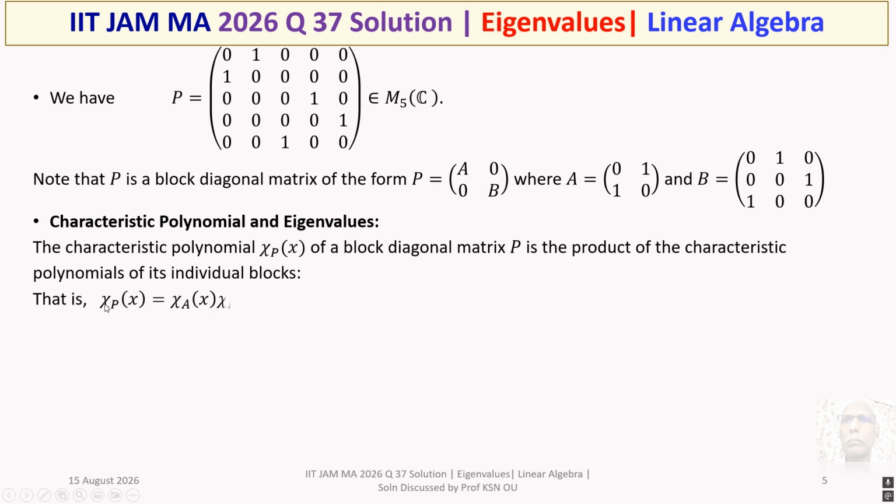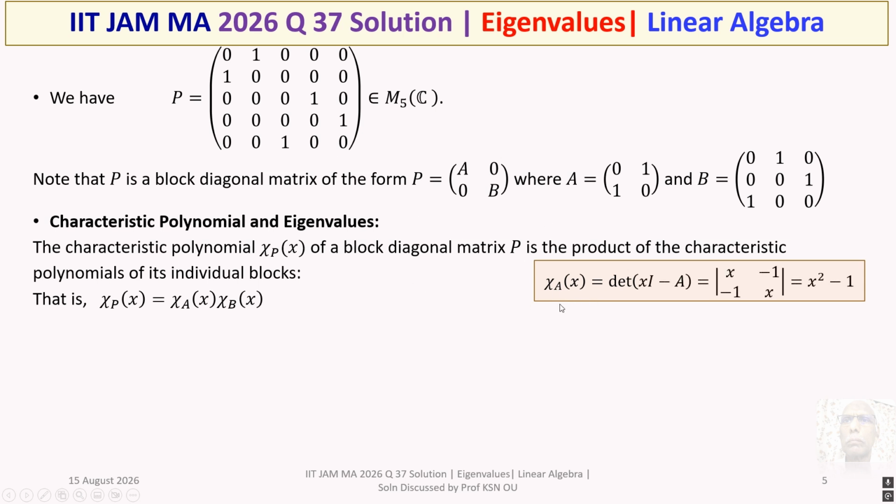And look here in the snippet, we are calculating the characteristic polynomial of A. That is equal to the determinant of xI minus A, where I is the 2 by 2 identity matrix.